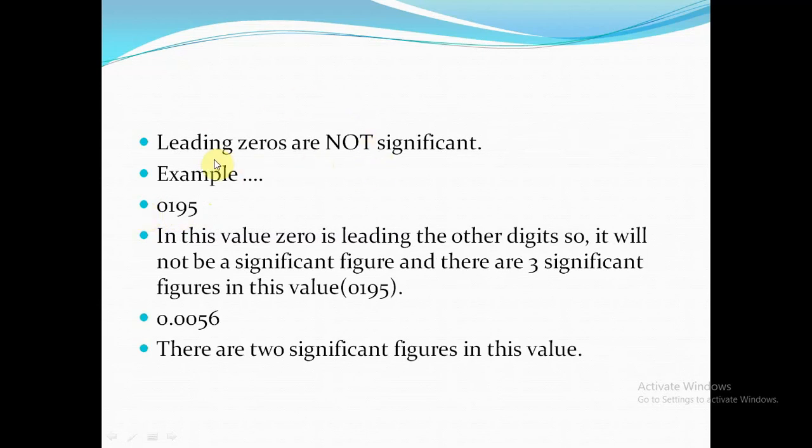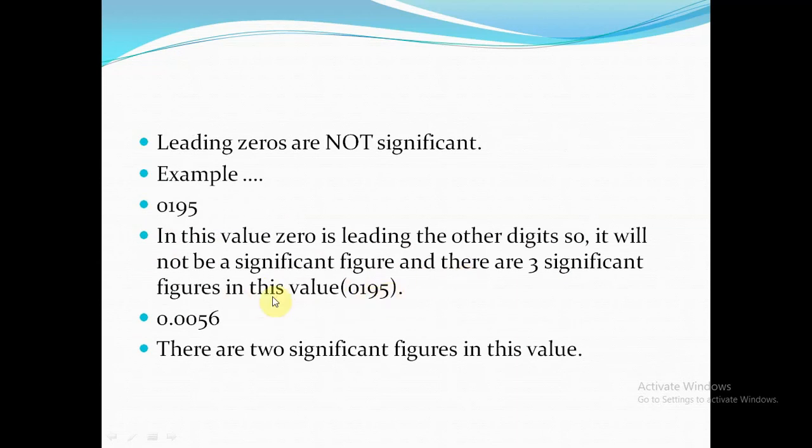Next rule, leading zeros are not significant. For example, if you write a value like 0195, there will be 3 significant figures, 1, 9, and 5. The leading zero over here is not a significant figure, because 0 is leading the other digits.